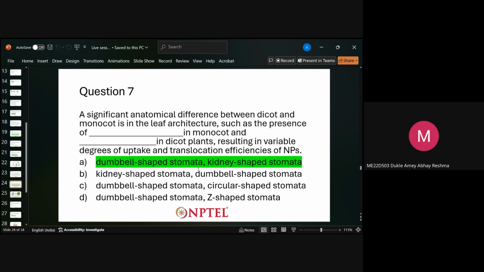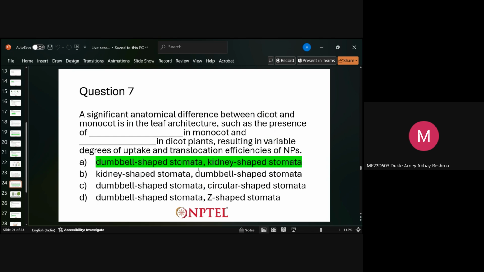Basically, in the monocot, there is a dumbbell-shaped stomata, and in the dicot, there is a kidney-shaped stomata. So that leads to a difference in the uptake. What will happen is, depending on the structure, the area available. In nanoparticles or in nano chemistry, basically the area which is available plays a lot of role.